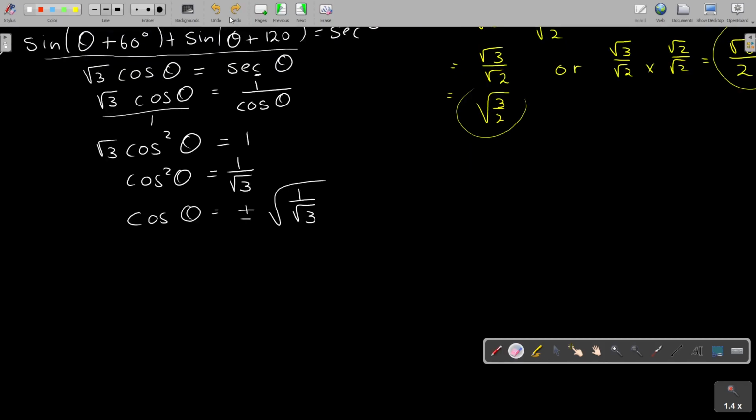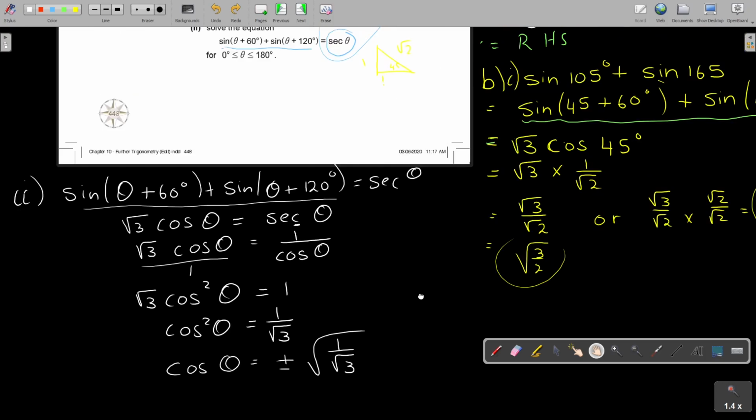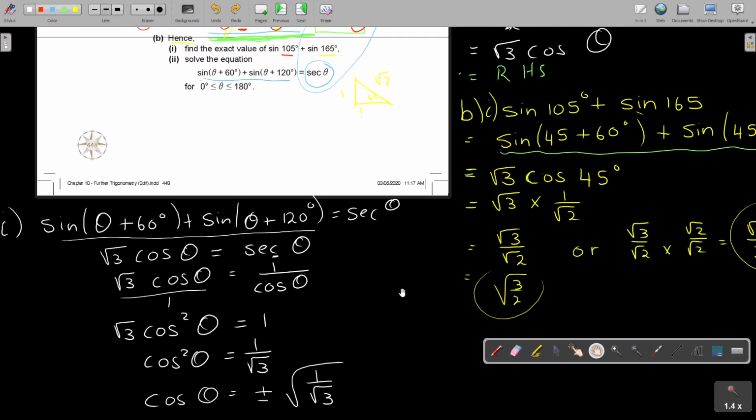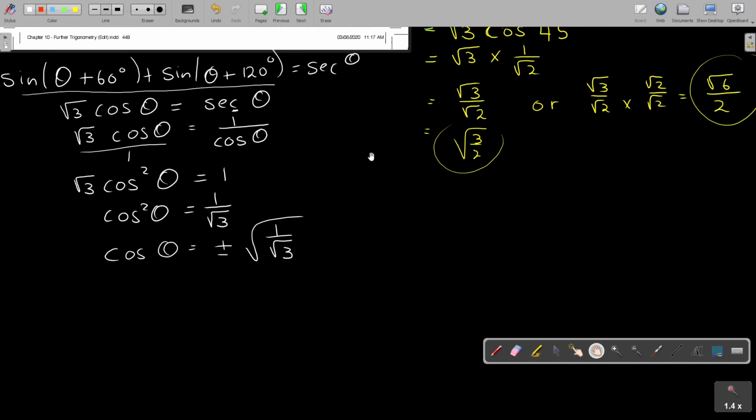Okay, so this is basically what I'm going to get, and now I'm going to go back to chapter 4 and solve. But before I do this, I always want to read your question. They say theta is bigger than or equal to 0 and less than or equal to 180. So if you're going to make your CAST diagram, that's the first thing I'm going to do. I make my CAST diagram.